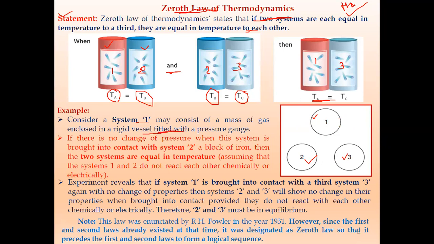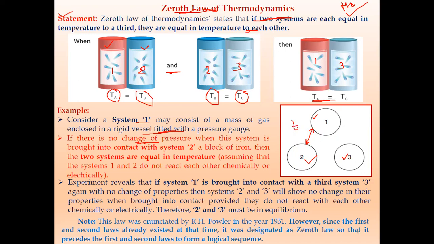Now if there is no change in pressure when this system is brought in contact with system 2, that is a block of iron, then there is no change in pressure and no change in temperature, which means they are in thermal equilibrium.